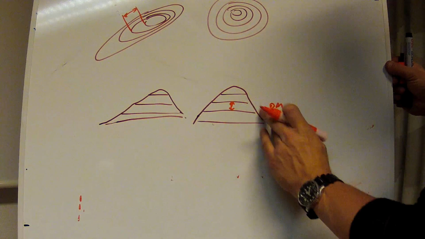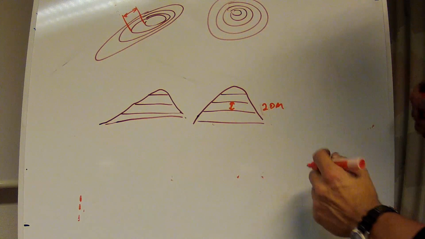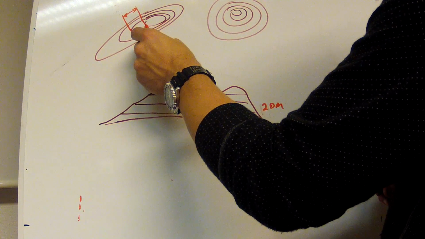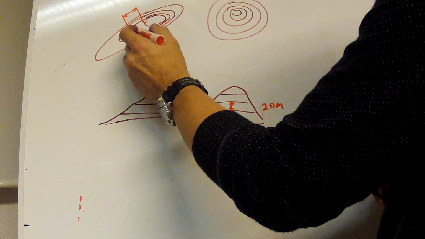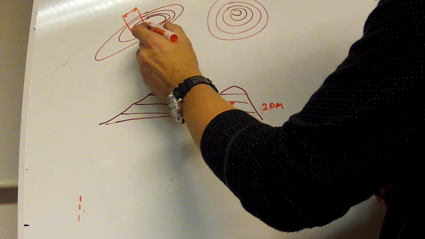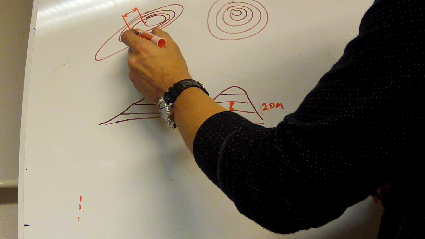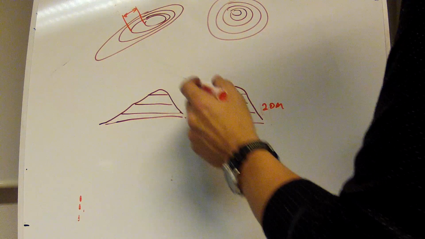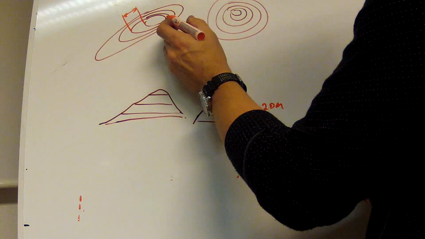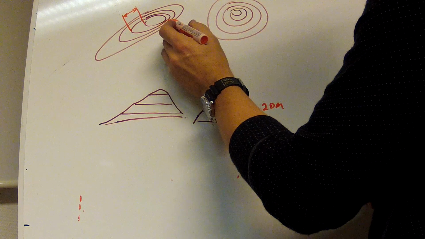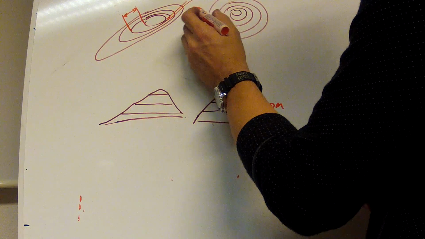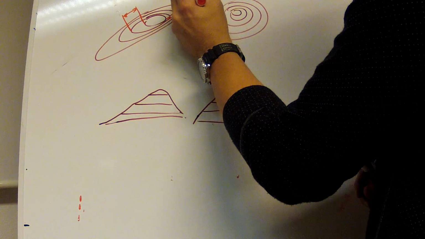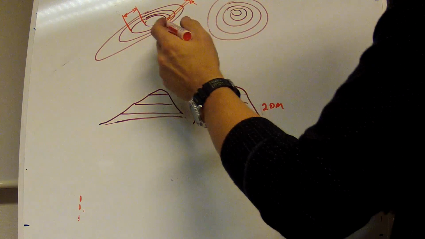20 meters between this. So if you measure this distance on your map and you find that this distance is 200 meters, well, then you know that for each 200 meters you go that way, it will rise 20 meters, so it's not so very steep. If you find out that this distance, or here, where it's very narrow, this distance is, let's say, 20 meters, then you have a 20-20.